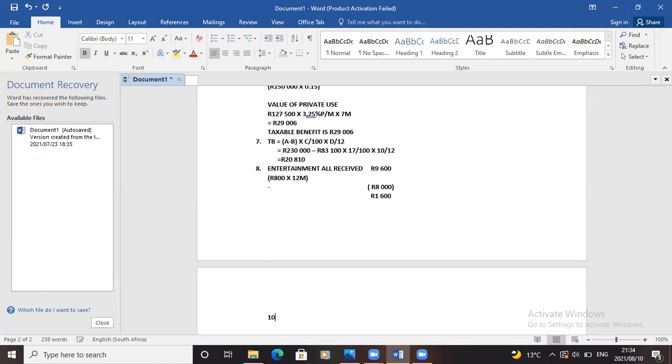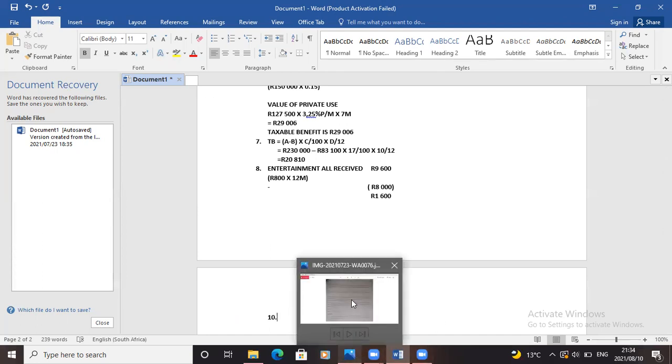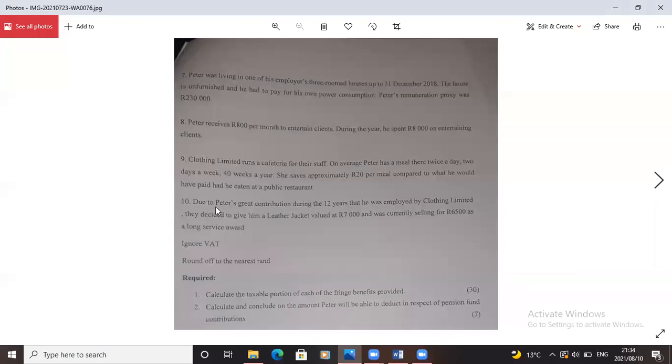Then number 10, number 10, it's a long-term service award due to a person's great contribution during the 12 years that he was employed by Clothing Limited.